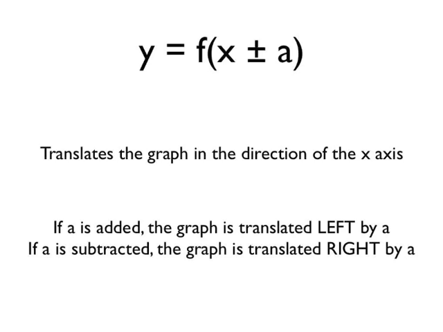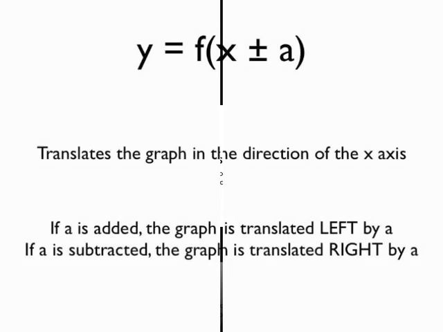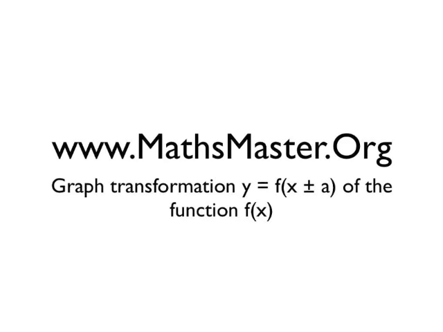If you add a, the graph actually moves to the left, and if you subtract a, the graph translates to the right. That was the graph transformation y is equal to f of open bracket x add or subtract a close bracket of the function f of x.